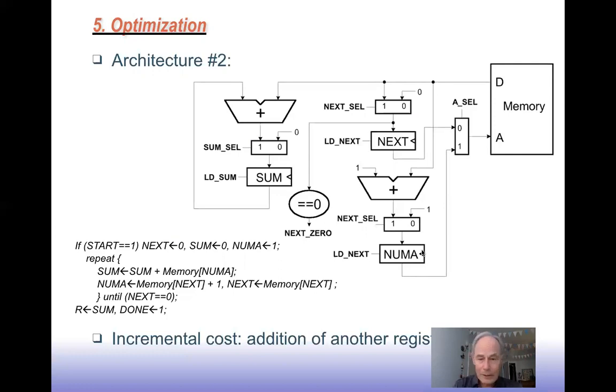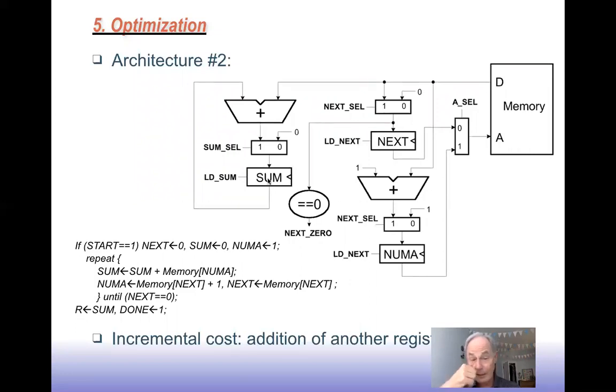Okay, so the way this works briefly is that on the first cycle, the compute sum cycle here, sum gets fed back into the adder. At the same time, we take the value of NUMA, and that goes into the memory through this multiplexer, which makes the address of the memory. The data that comes out is the X value, and it comes over here and then gets added with sum. We put the result back into sum.